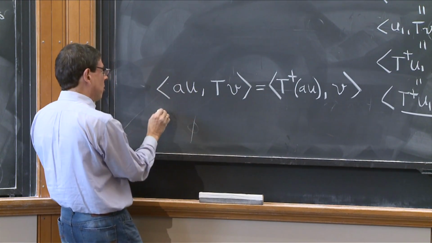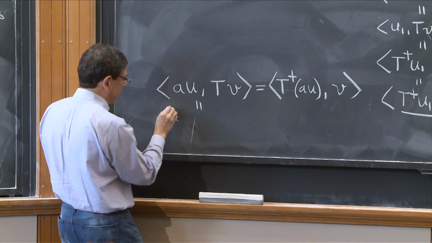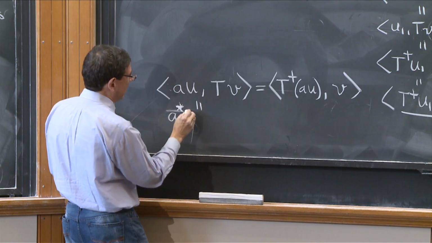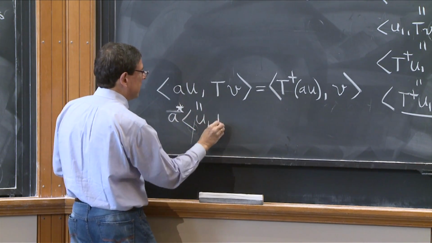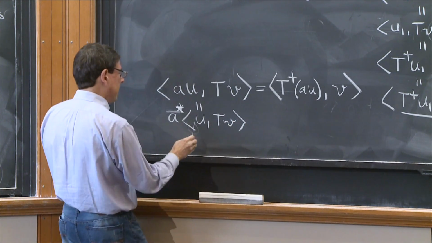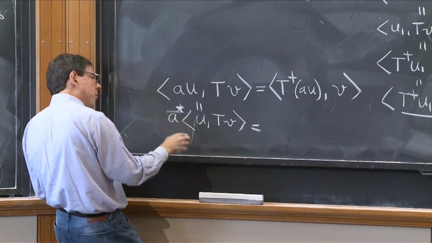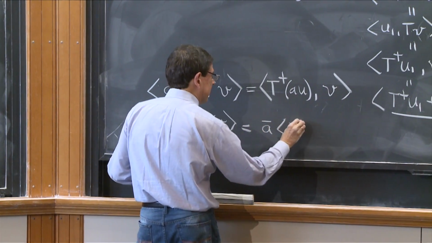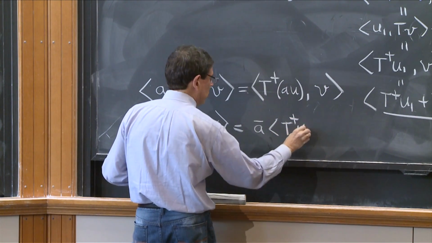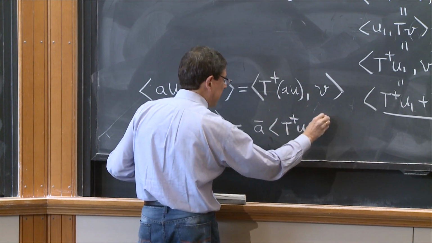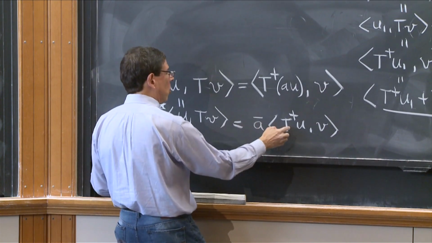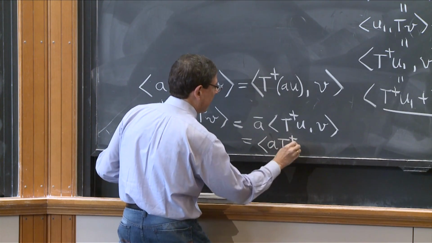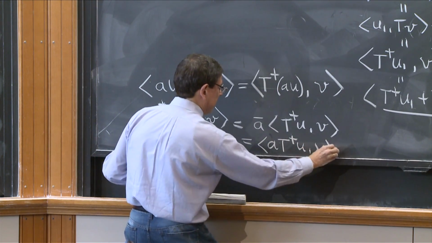Well, the A can go out here, and it becomes A star, (U, TV), which is equal, going through the left side, by definition, A bar (T dagger of U, V), and now the constant can go in, and it goes back as A (T dagger U, V).